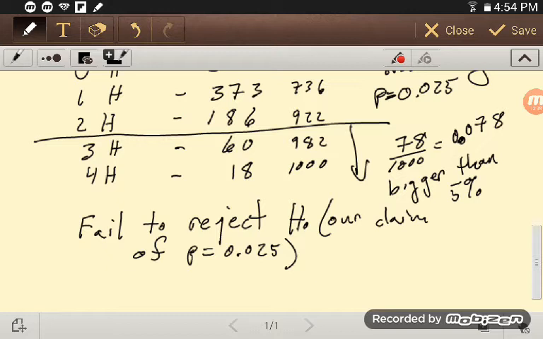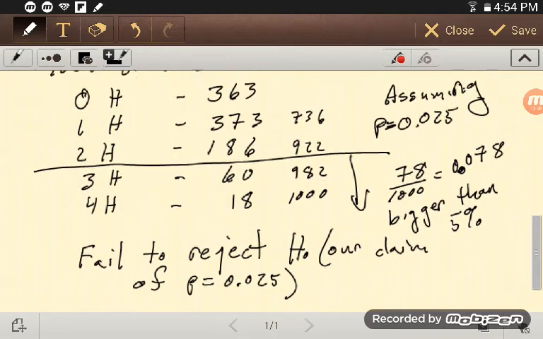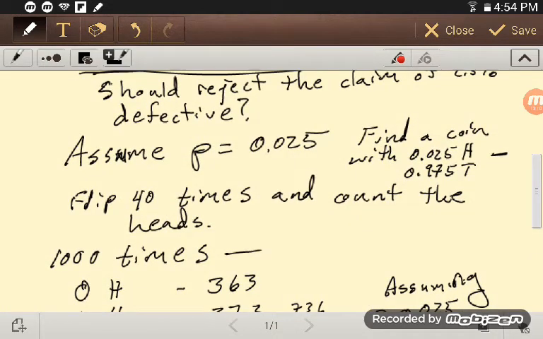So if somebody's trying to say, hey, I got 3 defectives out of there, we really should only get 1. Therefore, you have more than 2.5% defective in your overall manufacturing process. Well, we don't have data to support their claim, because we cannot reject the idea that there are 2.5% defective in here.